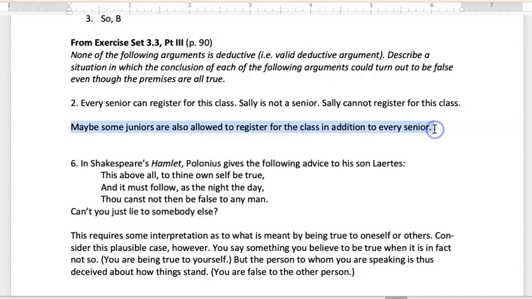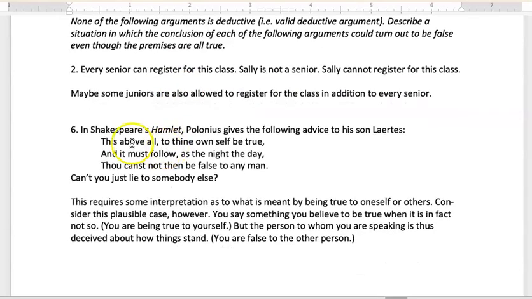So we see that this is an invalid argument because there could be a situation where even though Sally's not a senior, she could still register for the class, because it just says every senior can register. Maybe if it said every senior and only seniors can register for this class, then it might be different, but it doesn't say that. It just says every senior can register for this class.